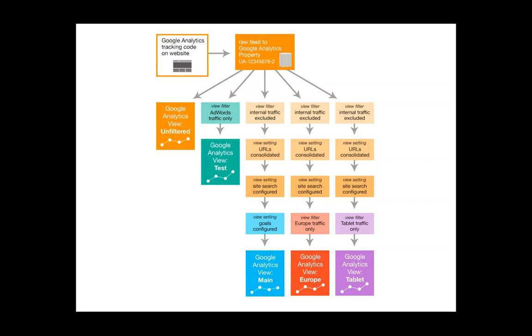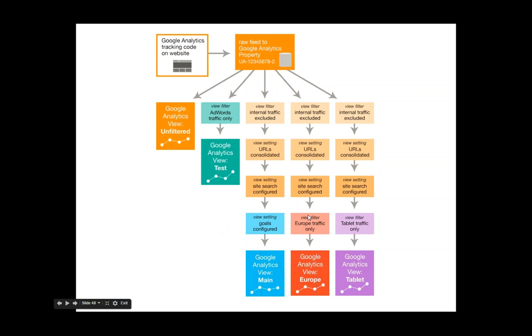If you take a moment and look, you see that URL consolidation is more housekeeping. If you go further down, in the blue box we have view settings, goals configured. So goal configuration is another way that we can alter the raw data that's coming in to Google Analytics.